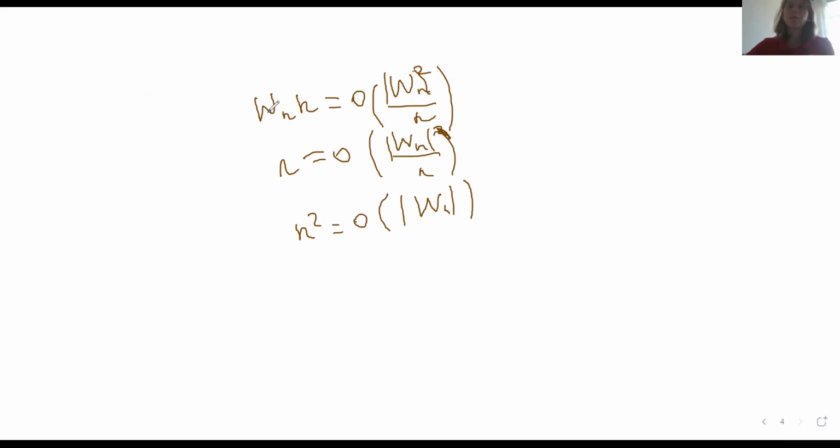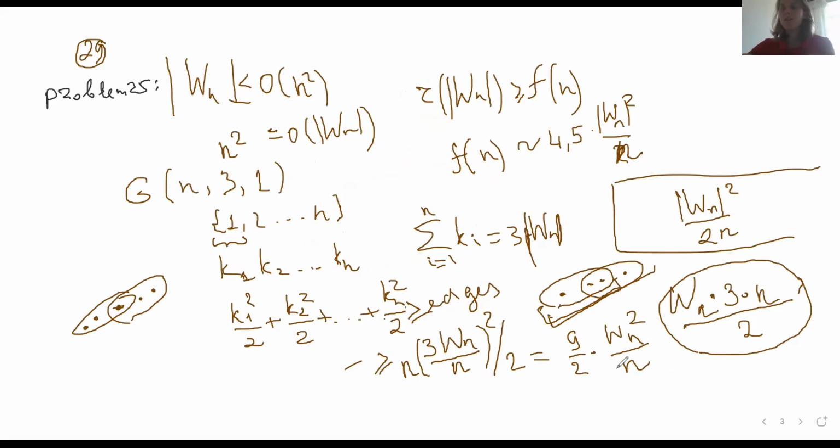Here we've divided by Wn, and here we moved n from here to here. And now we have this estimation that n squared is asymptotically less than Wn, which is given in problem number 29, and that's the estimation we had. So what we've proved is correct, and we get a far better estimation than Turan's theorem implies.